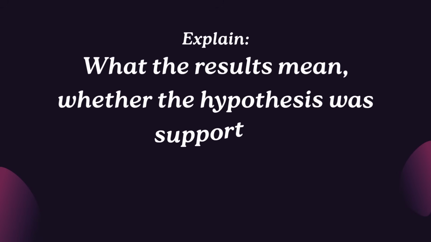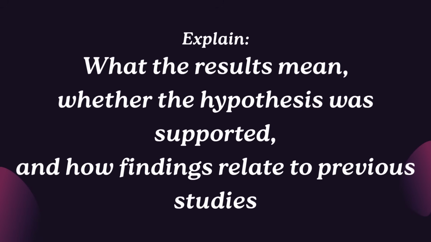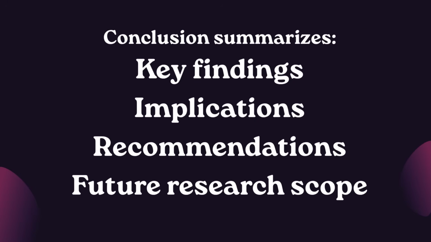Explain what the results mean, whether the hypothesis was supported, and how findings relate to previous studies. Finally, write the conclusion. The conclusion summarizes key findings, implications, recommendations, and future research scope. Keep conclusions clear and meaningful.